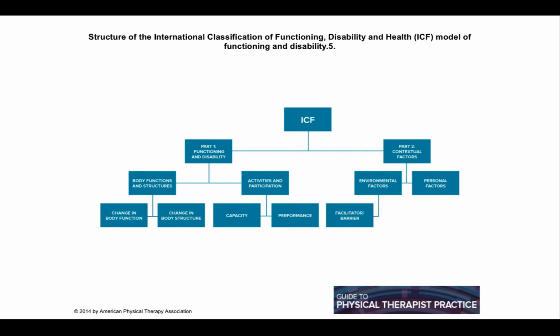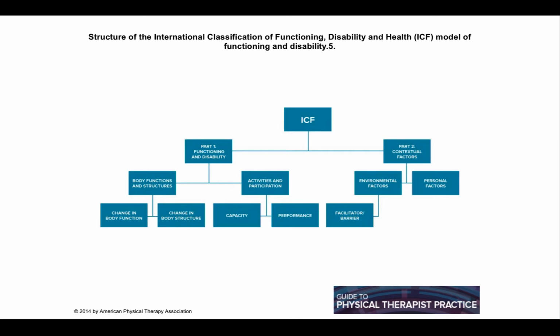That might be their activities, their transfers, their ambulation, their mobility, their speech, and then their participation in their patient-specific life activities, in terms of their social function and their daily activities. So that's part one on the left there, the biological pieces and how the impairments, the functional limitations, and the participation are described.